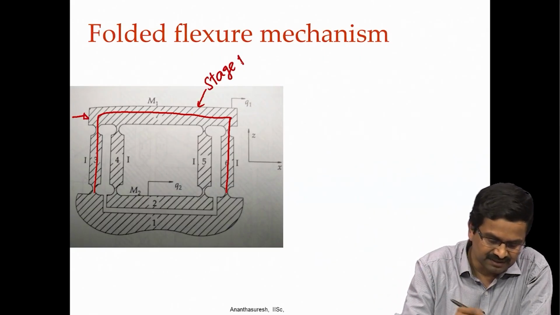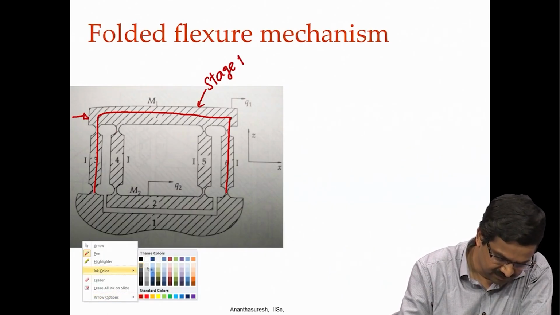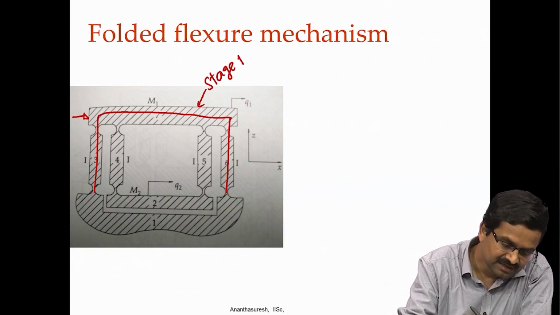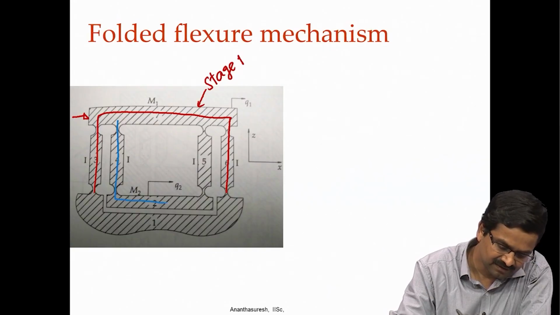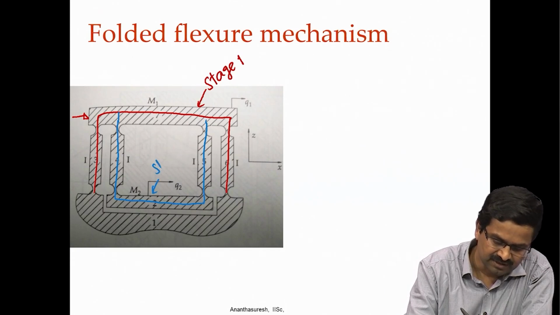So, what has been done here is to add the second one, we have added the second one here attached to the first one. Okay. So, this becomes our stage 2.